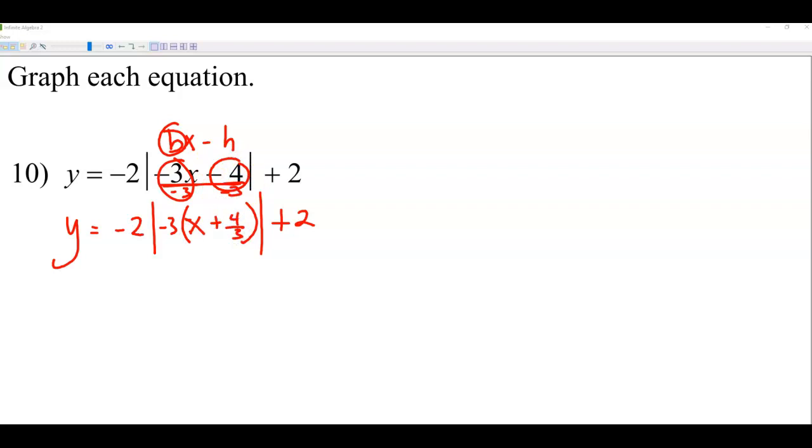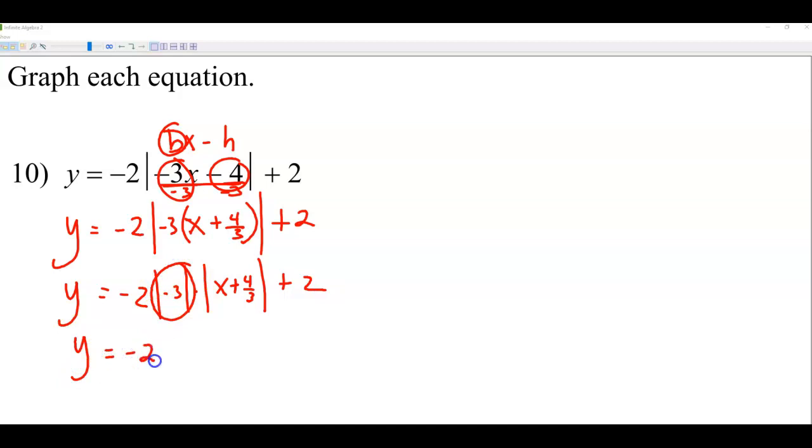Okay. The next thing that we do is we're going to separate the -3 from the rest of the absolute value problem. We're going to take the absolute value of that -3, which makes it become positive, by the way.